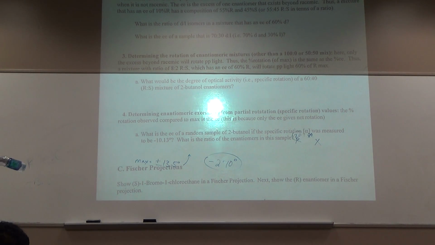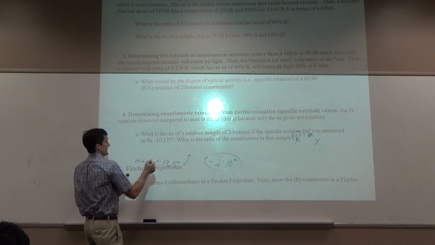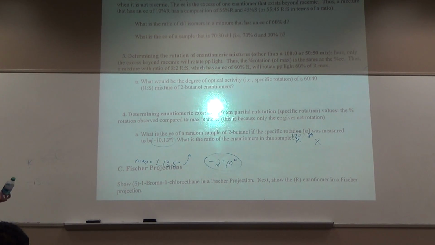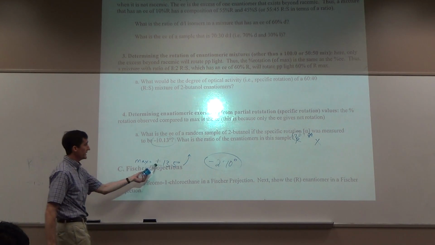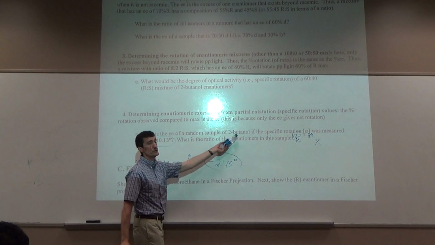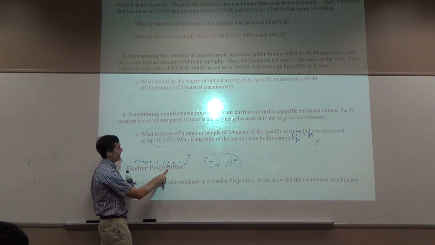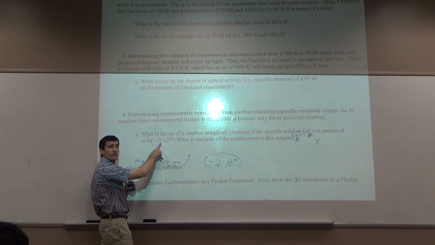First thing you do is you would determine the rotation, and it comes out to be this. But we know the max is plus or minus 13.5 because we're still doing 2-butanol. Well, this isn't 13.5, so this must not be a pure enantiomer. It must be a mixture.